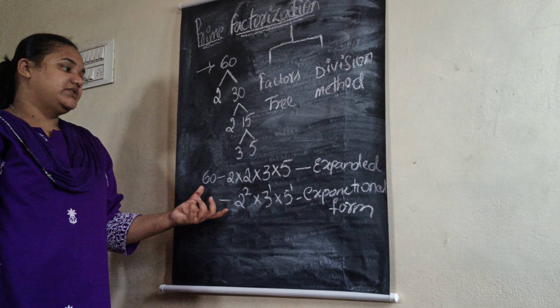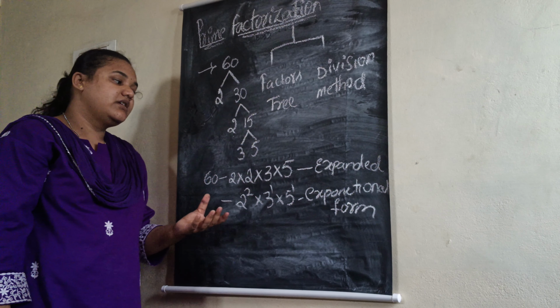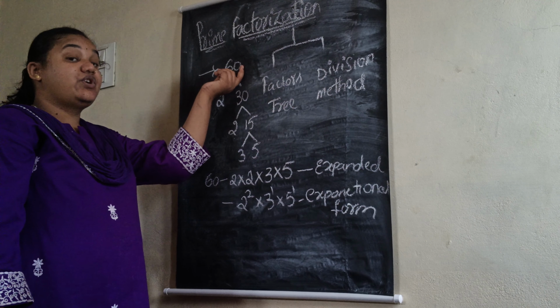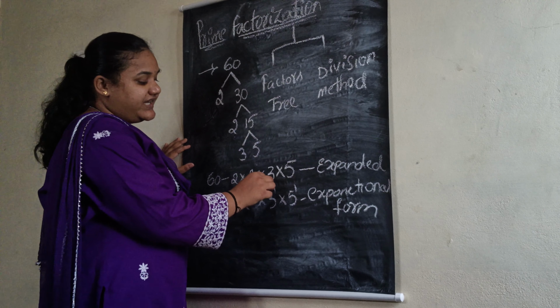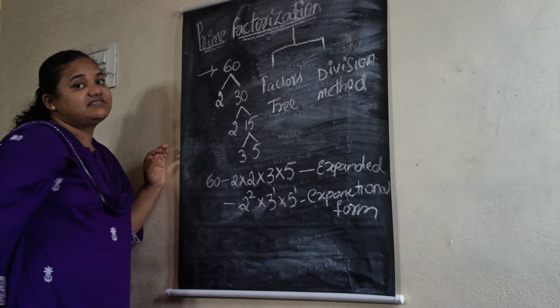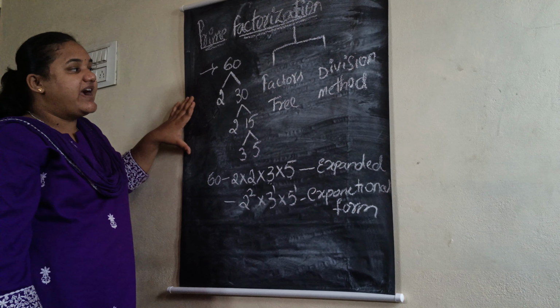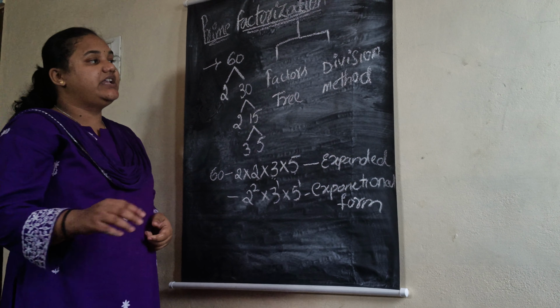To check whether the factors are correct or wrong, if we multiply these factors, we get the original number. 2 2s are 4, 4 3s are 12, 12 5s are 60. So this is the factor tree method. Next we will look at the division method.